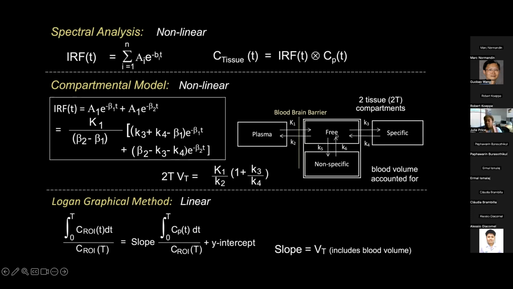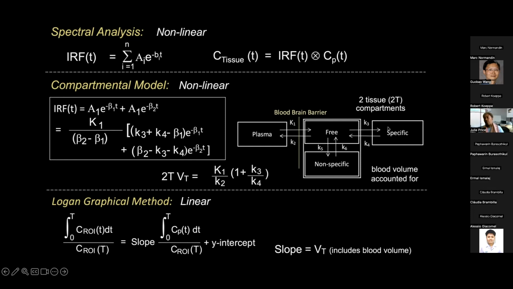There's a free compartment for the radioligand that also is connected to a nonspecifically bound compartment. Oftentimes the kinetics of the radiotracer and the PET signal do not allow these to be kinetically distinguished for most of the radiotracers that we deal with. So we combine them into one compartment.